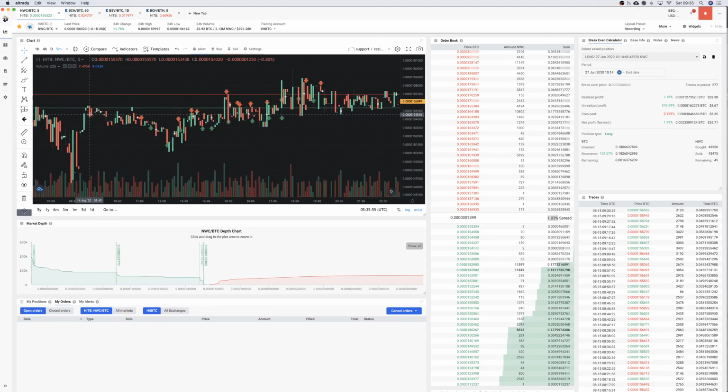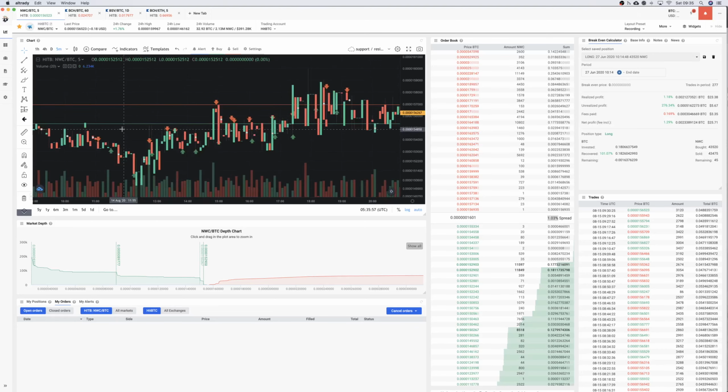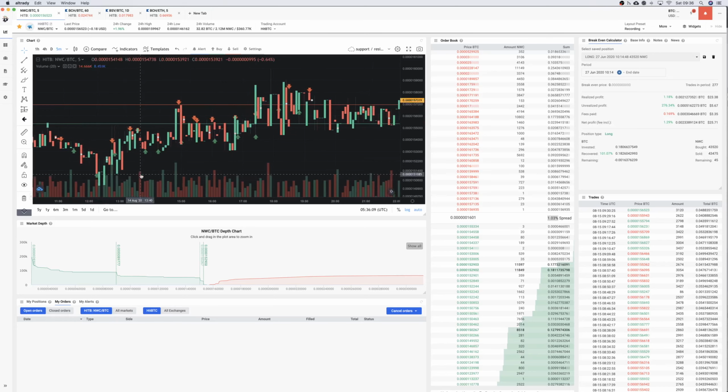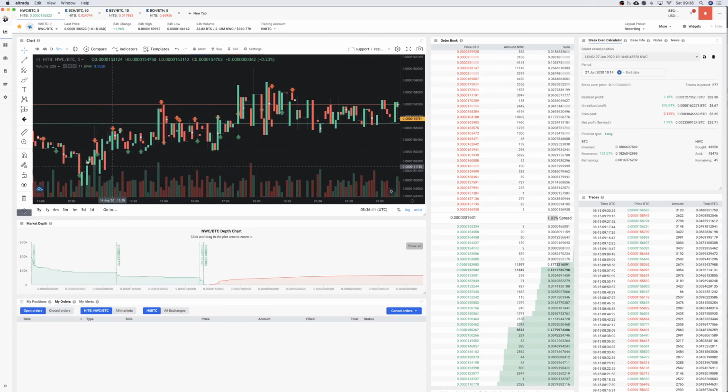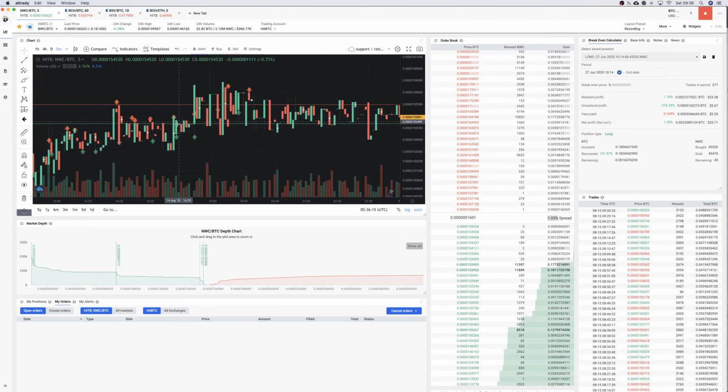You can see here what it looks like in real live testing. You can see it bought here, it went lower, it bought again, then it sold. Don't mind this one because it's a bad example. I think it might be a partial fill here. So basically, one buy order, one sell order, one buy order, one sell order.